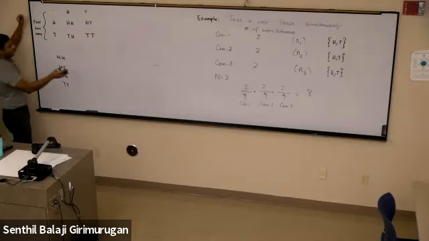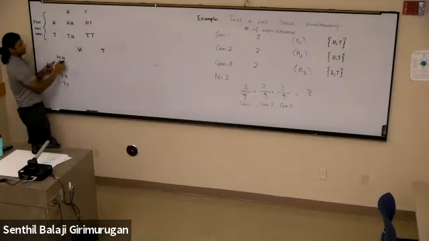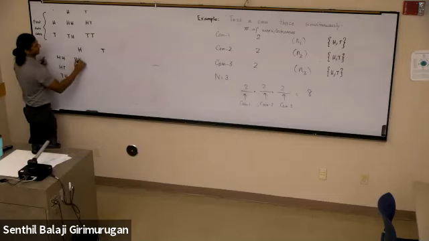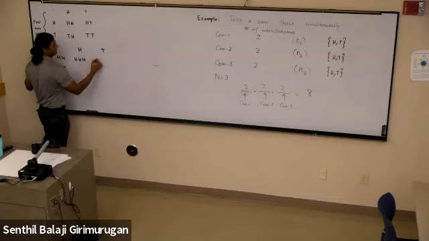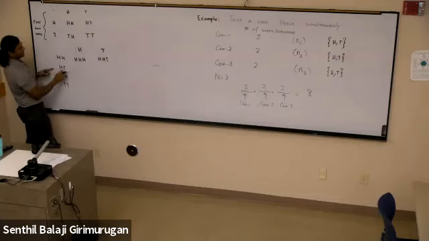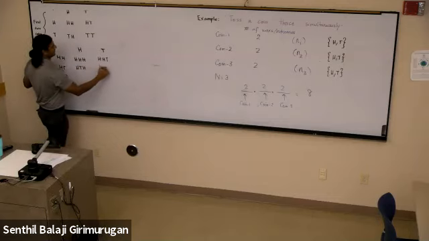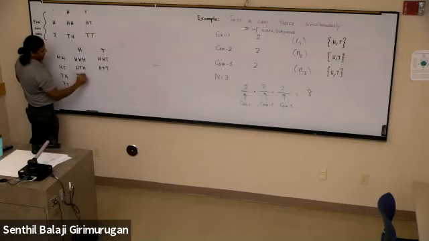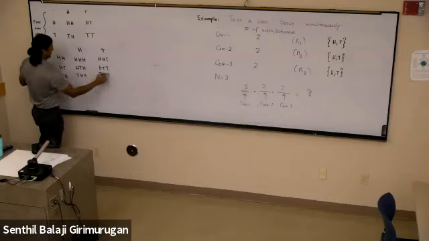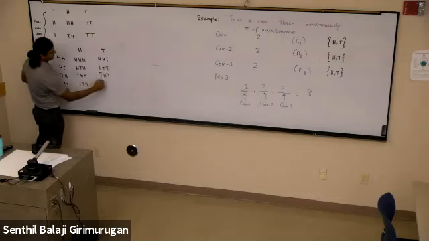H and T. So you would have HHH, HHT, HTH, HTT, THH, THT, TTH, and TTT.